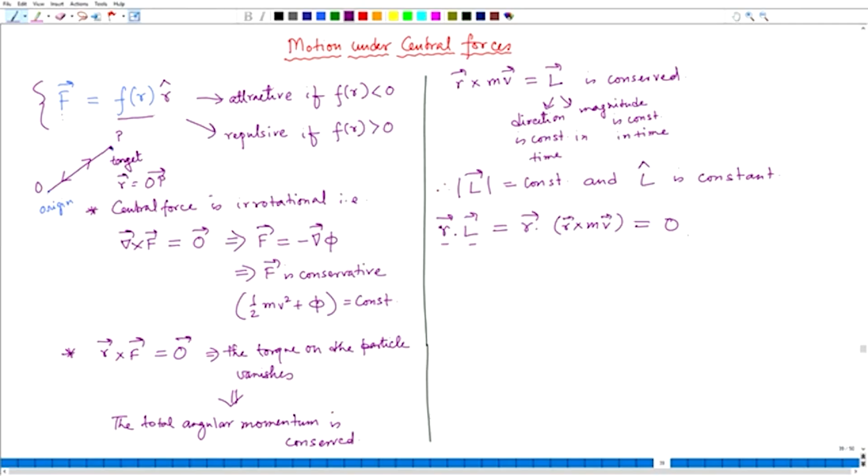So, what will then be the possible scenario for the motion of the particle? This is a constant vector and it does not change its magnitude and direction in time, and the position vector of the particle is always in such a direction which is 90 degrees, or perpendicular, to this vector, whatever be the position vector.